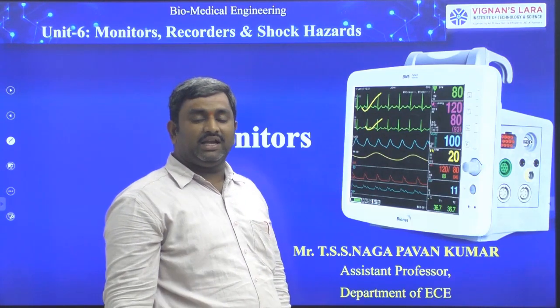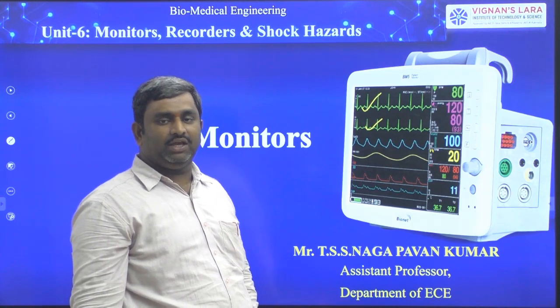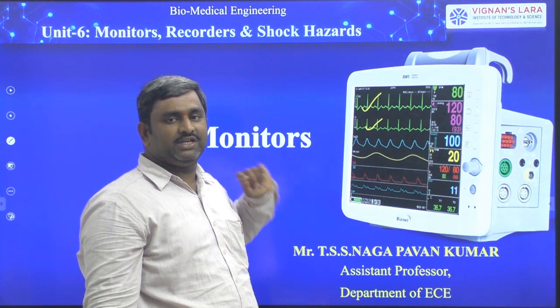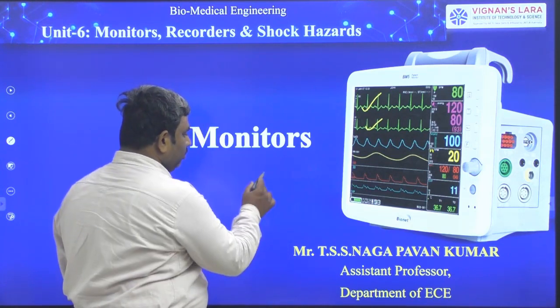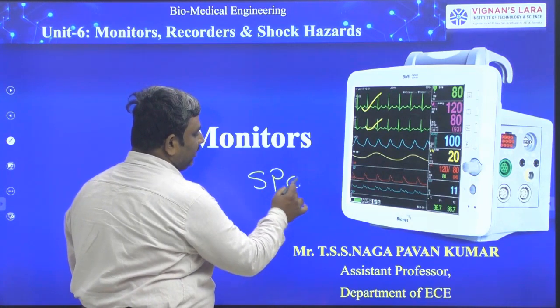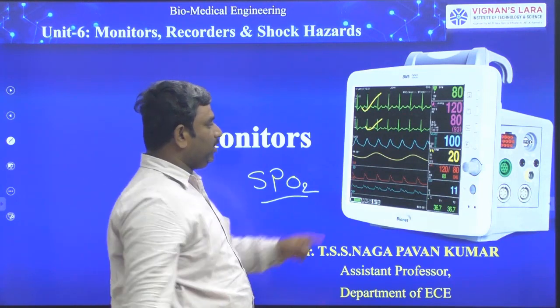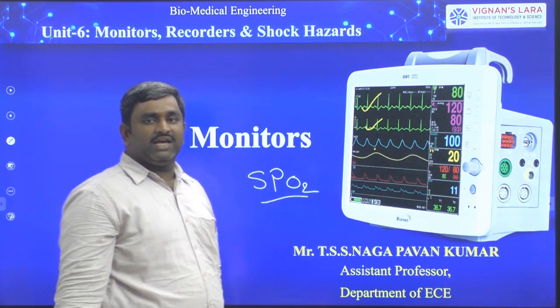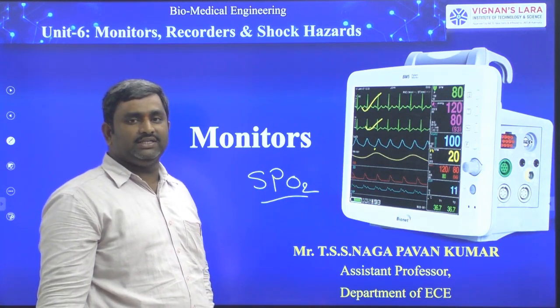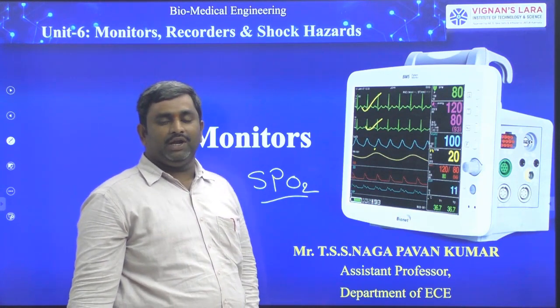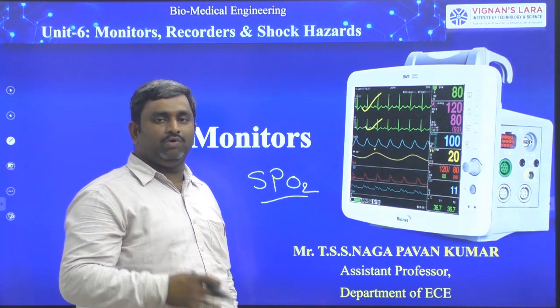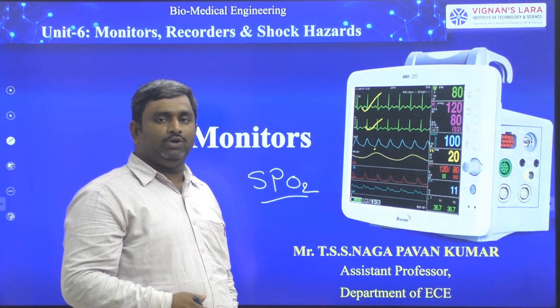Other than the ECG signal, we can see the saturation percentage of oxygen. Generally, for every common human being, the maximum value of the SpO2 is 100.